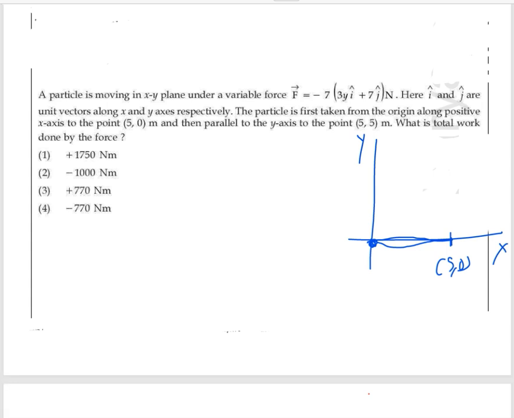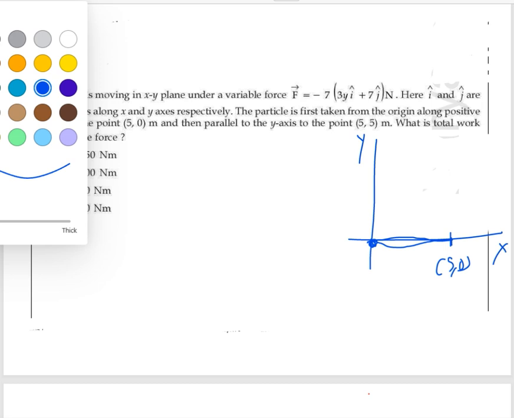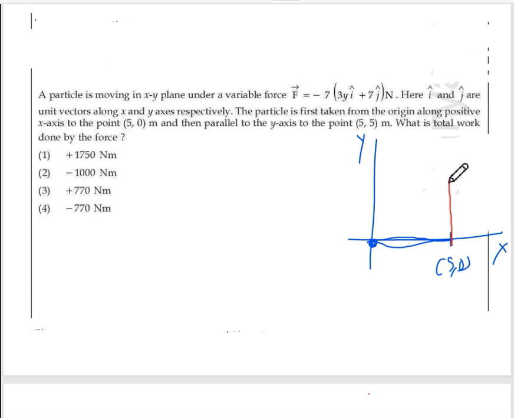And second, from here the object will move to another point, which is 5, 5. So the object finally reaches point 5, 5. The question is asking us to find the total work done. So I have to just calculate along the path.